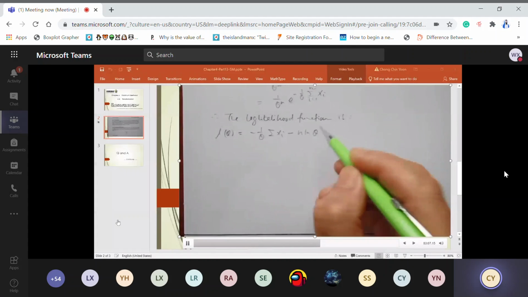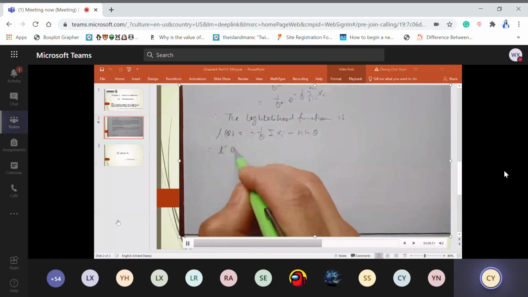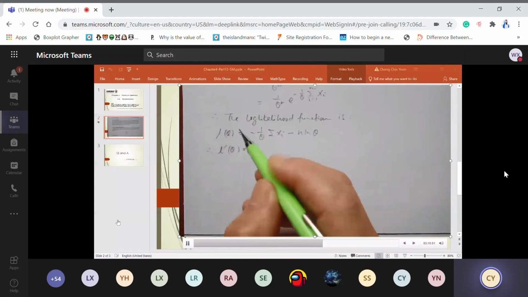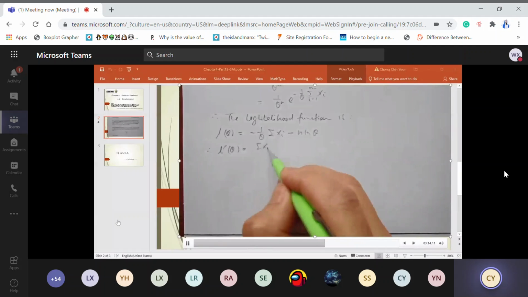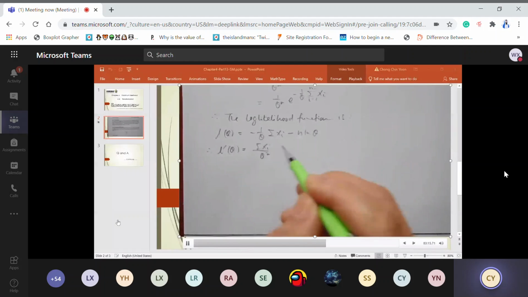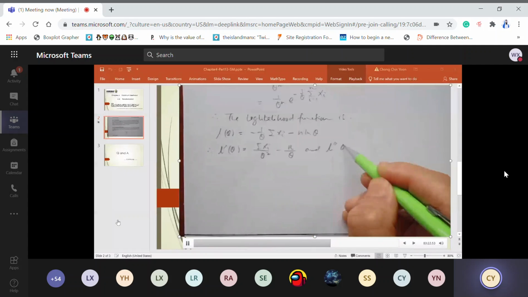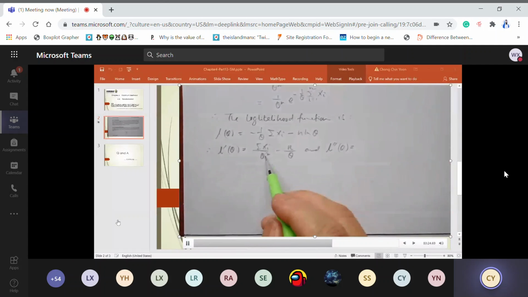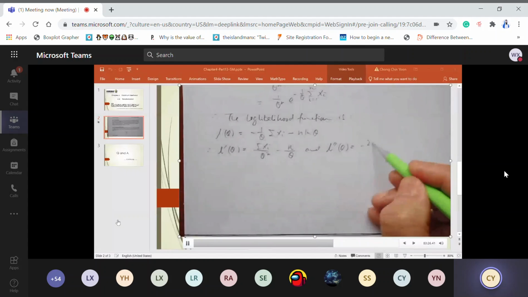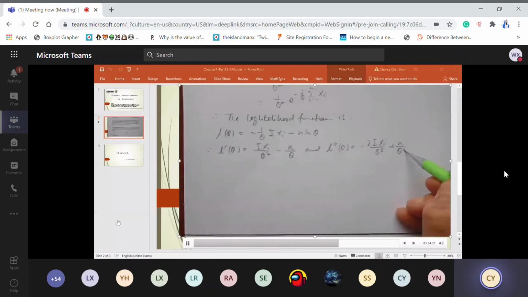Therefore, the first order will be equal to summation of xi divided by theta squared, minus n divided by theta. And the second order equals negative 2 summation of xi divided by theta cubed, plus n divided by theta squared.